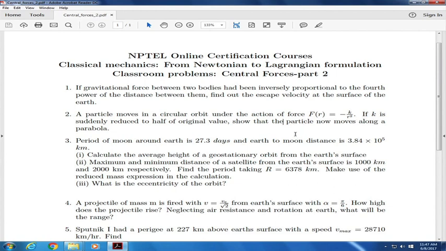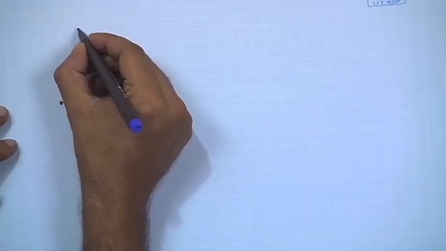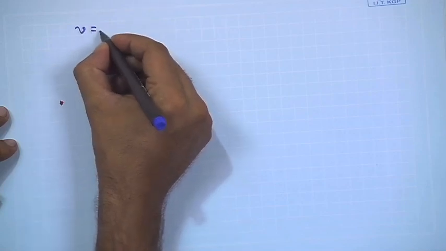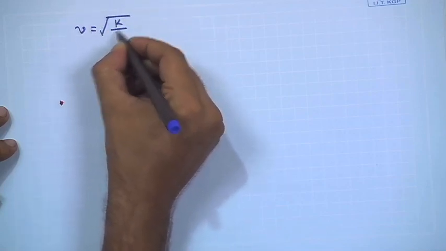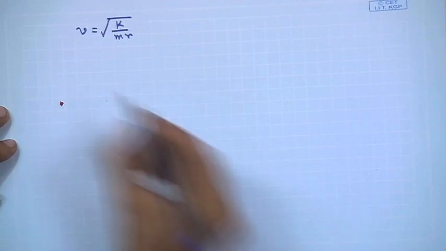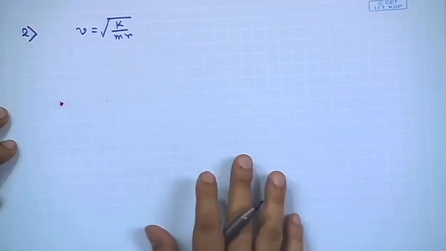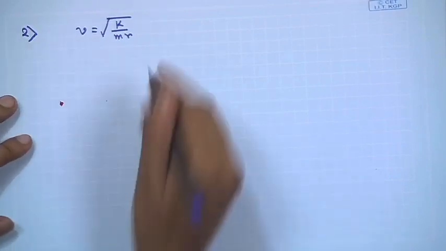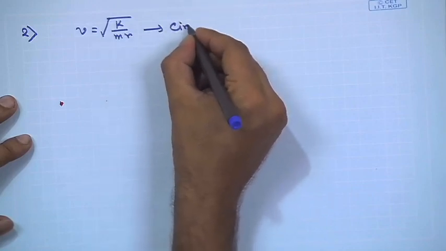Instead, what we can do is we recall that for circular orbit v is equal to root over k by m r. Okay, so, we are doing problem number 2 here, that is for a circular orbit.